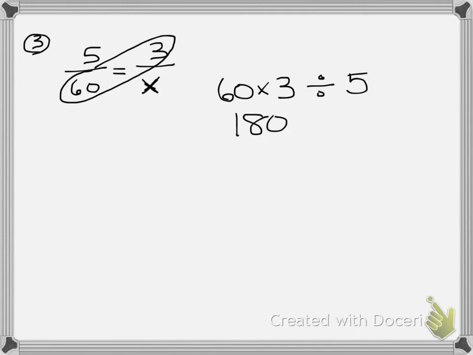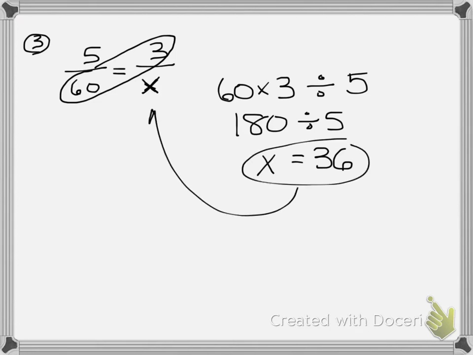Well, 60 times 3 is 180. When you divide that by 5, you get 36. So you've now found the missing piece. So the proportion is 5 to 60 equals 3 to 36.